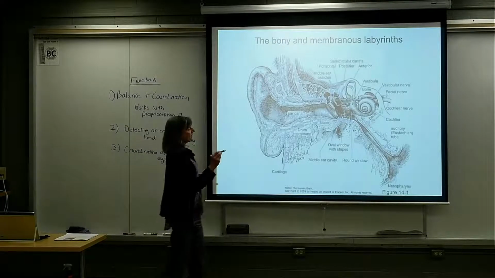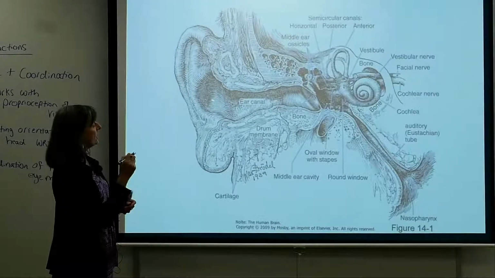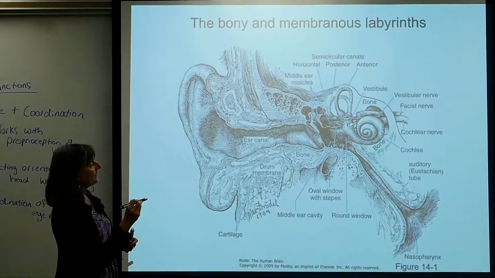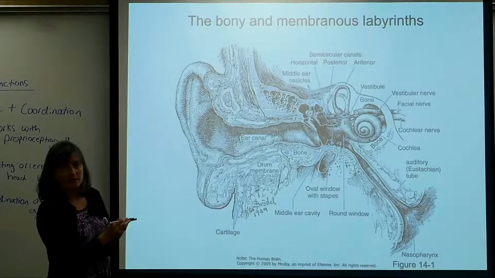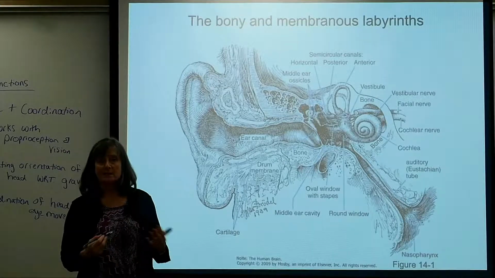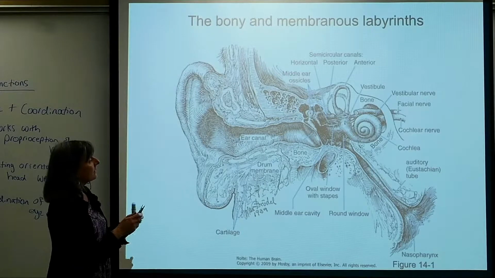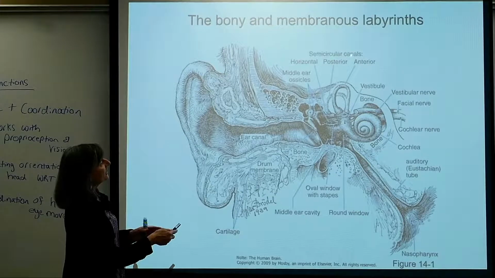Our vestibular system is located deep in the head, near the ear. As a matter of fact, the bony labyrinth that surrounds the vestibular system also surrounds the cochlea, which processes and brings in auditory information. Our vestibular system is composed of semicircular canals.